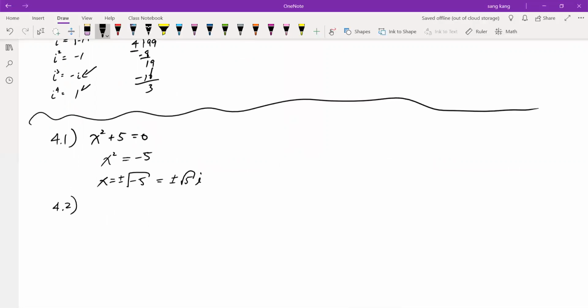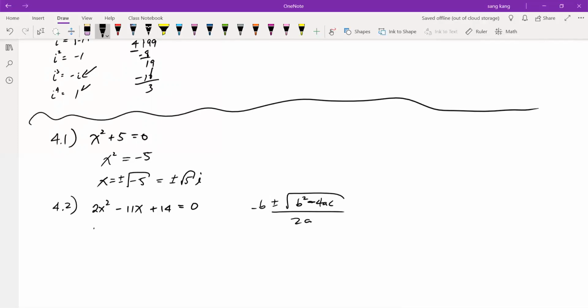2. 2x squared minus 11x plus 14 equals 0. Basically, we're just going to use the quadratic formula, negative b plus or minus the square root of b squared minus 4ac, over 2a.